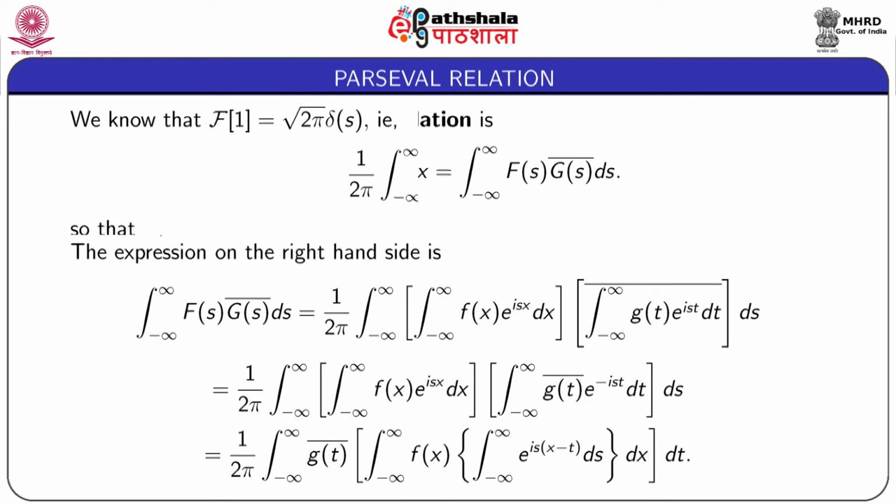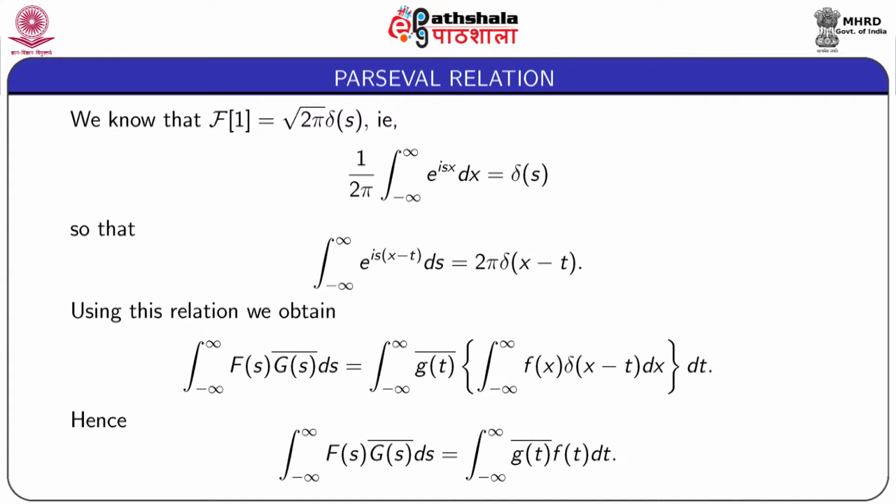For that, we know, as we have learnt in the previous modules, that the Fourier transform of 1 is equal to root 2 pi delta(s), that is, 1 by 2 pi integral minus infinity to plus infinity e to the power i s x dx, which is the Fourier transform of 1, is equal to the delta function, that is delta(s).